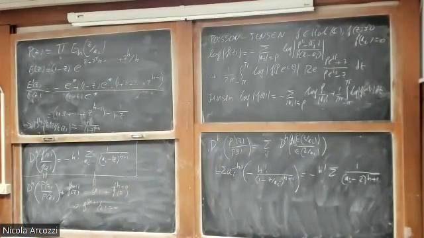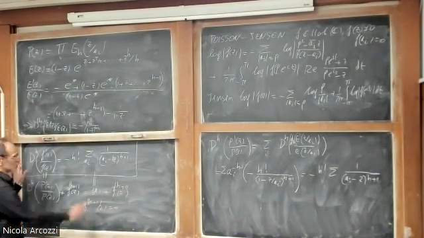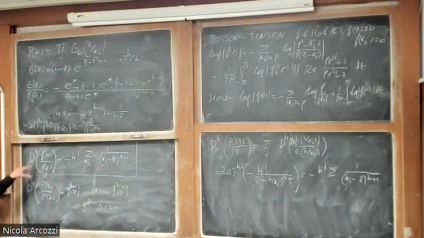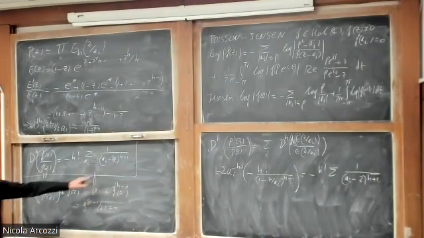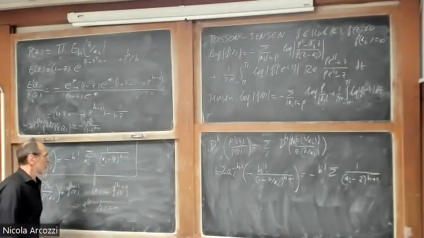But wait. As a byproduct, we have this formula which might be used for an entire function of finite order, of order between h and h plus 1, of order less than h plus 1.